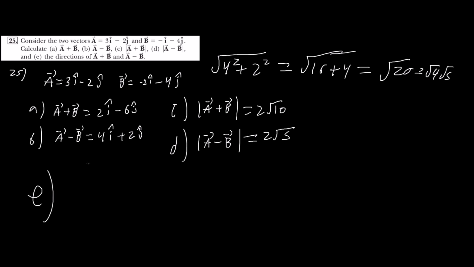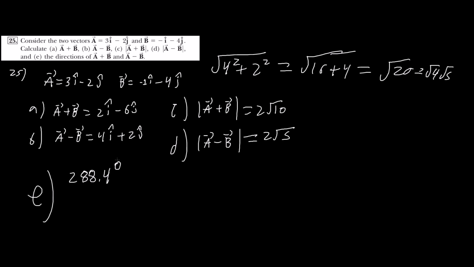If you don't know how I did that, don't worry, figure it out, folks. So this is going to be 288 degrees, or you could put it as -71 degrees if you want.